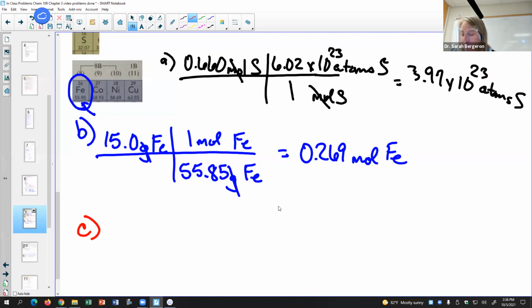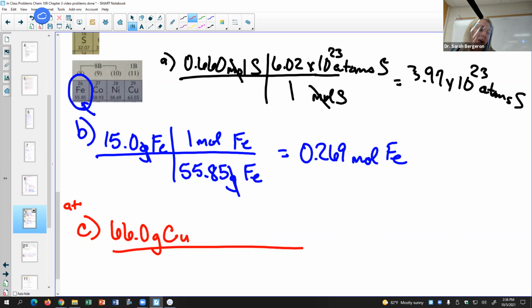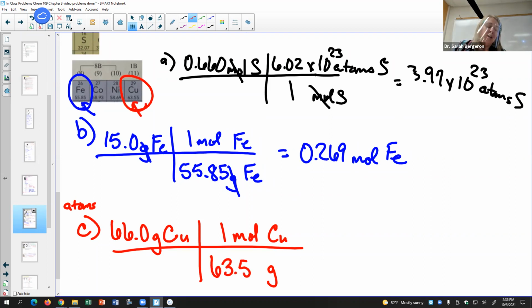C is the number of atoms in 66.0 grams of copper. So I'm trying to get to atoms, right? My goal is atoms. So can I go straight from grams to atoms? I don't really have that conversion. What do I have? I have grams to what? Moles. I know in 1 mole of copper, look up here at copper, I have how many grams? 63.55 grams of copper.